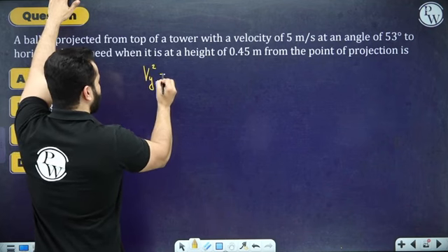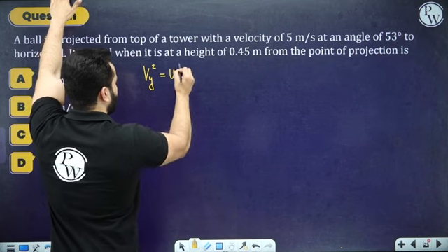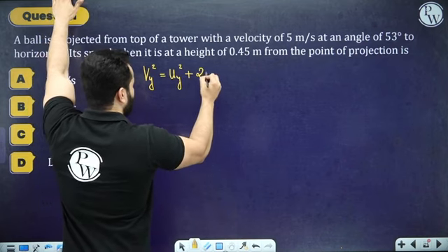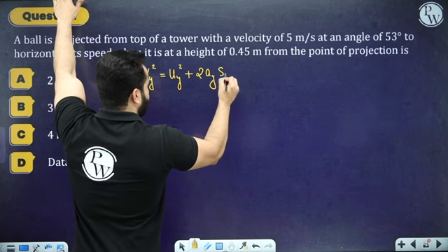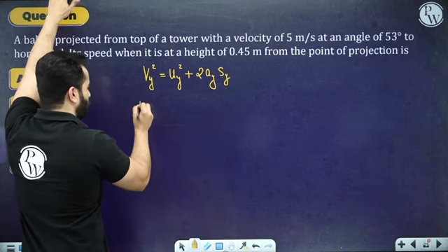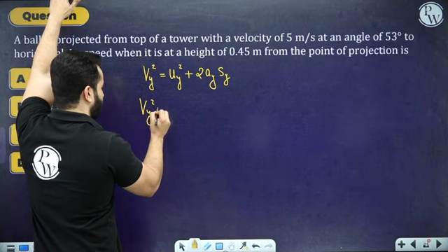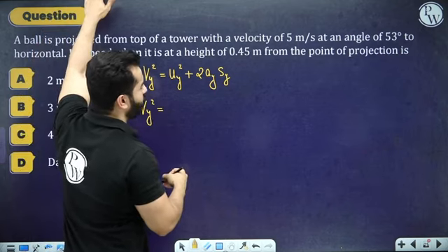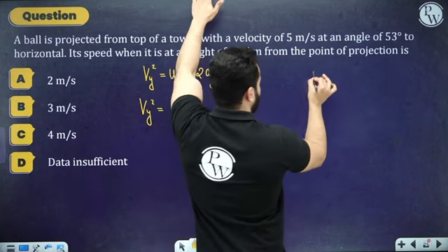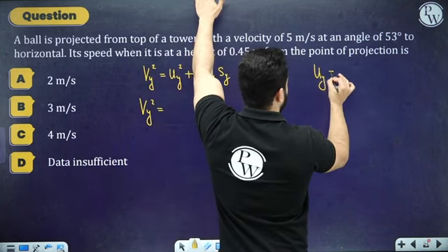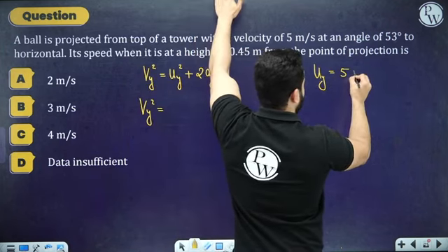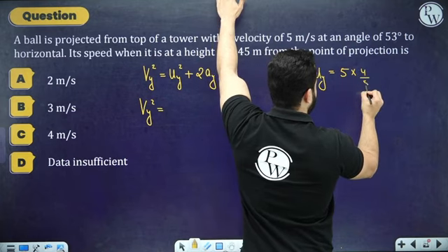So Vy square equals Uy square plus 2 Ay into Sy. So Vy square equals Uy square. What is Uy, my friends? Uy is going to be 5 sine 53, that is 4 by 5, that is 4.